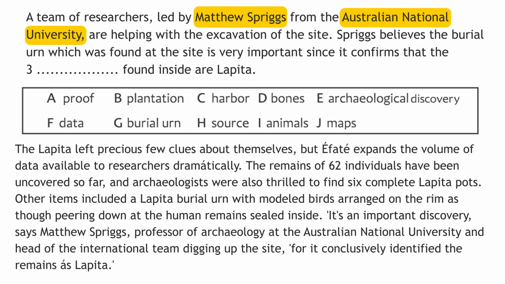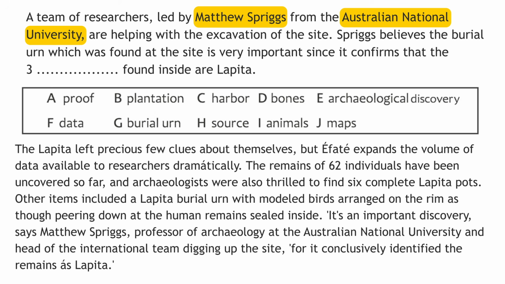Now let's read the question. A team of researchers led by Matthew Spriggs from the Australian National University are helping with the excavation of the site. Spriggs believes the burial urn, which was found at the site, is very important since it confirms that the blank found inside are Lapita.